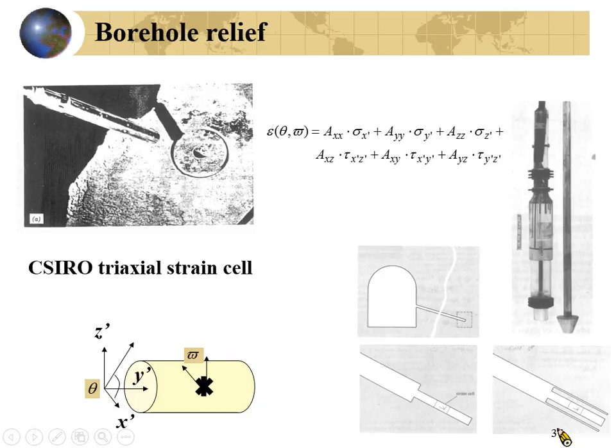So they developed this. So you will have a device or gauge like this. You will have a device like this. Okay? And you will have strain gauges set in here, in here, and in here.